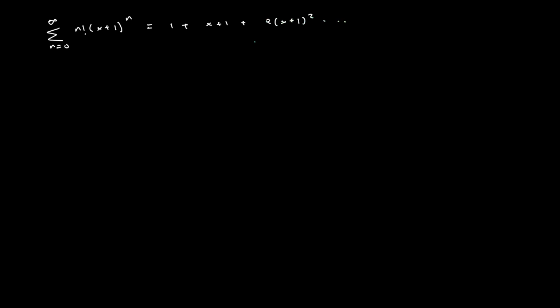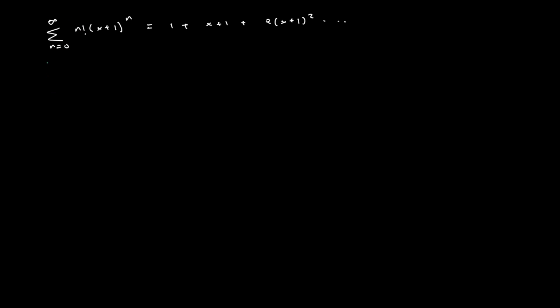I think the best way to determine the radius of this is also using the ratio test, because the root test will require us to take the root of n factorial, which in the limit is kind of hard to determine.